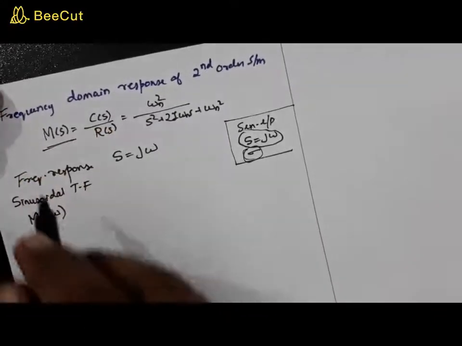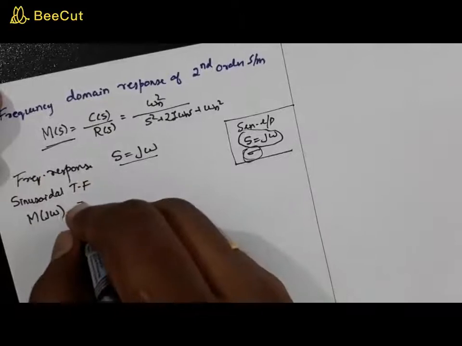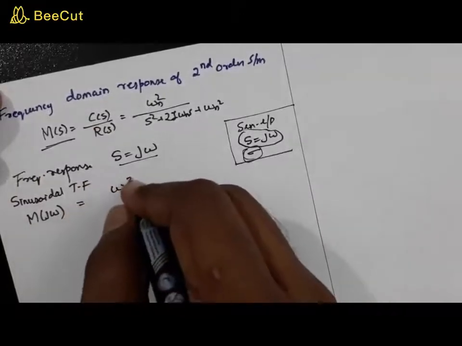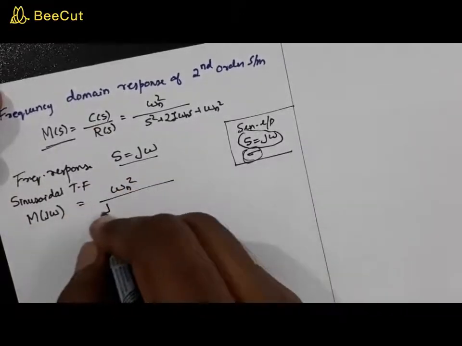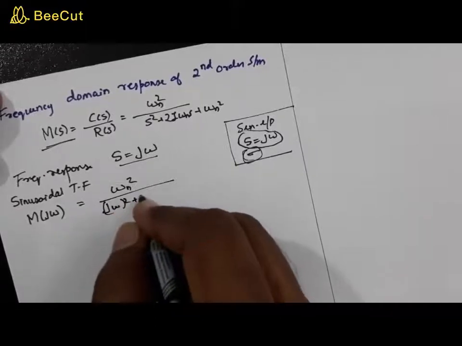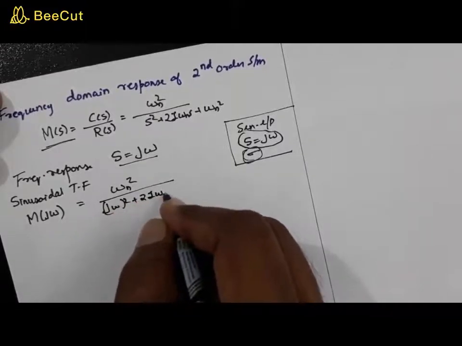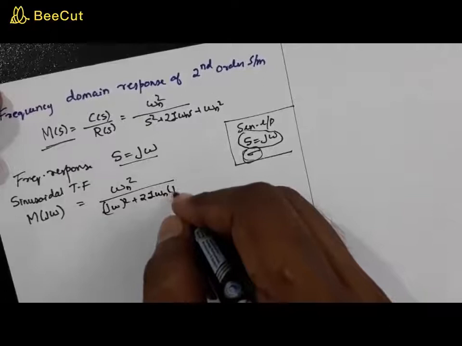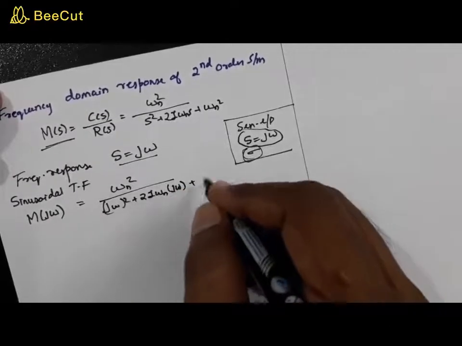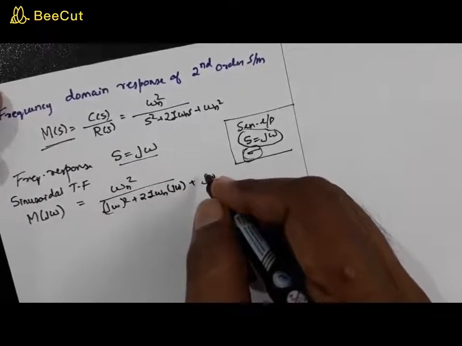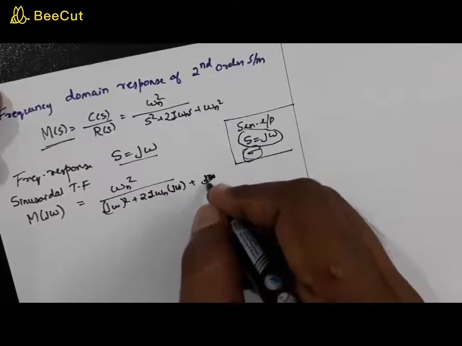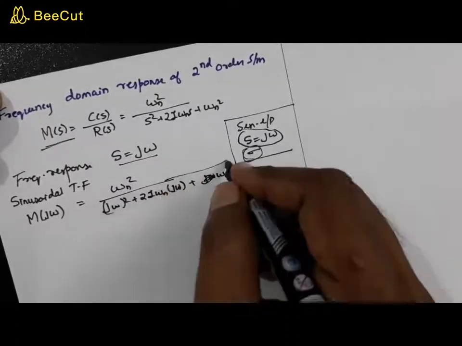In the transfer function, put s is equal to j omega, so that this becomes omega n square over (j omega) square plus 2 zeta omega n j omega plus omega n square, right?